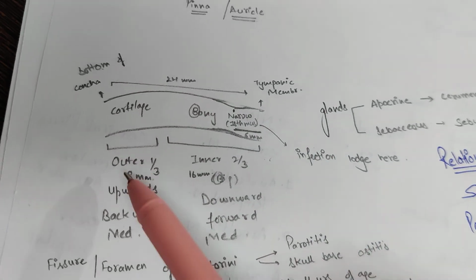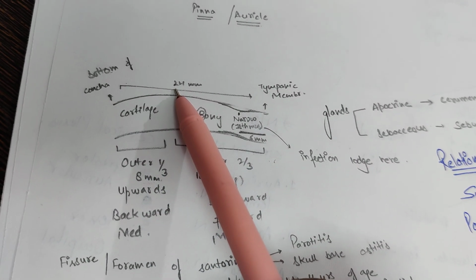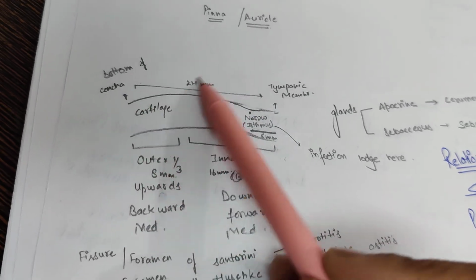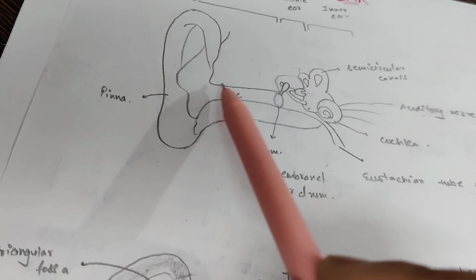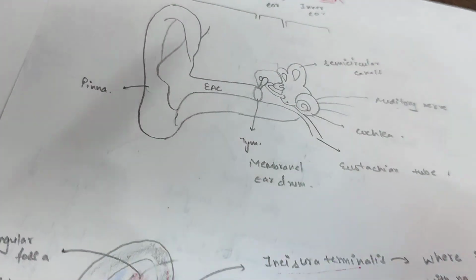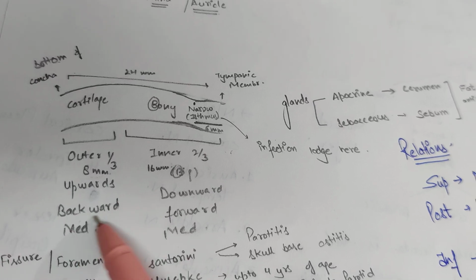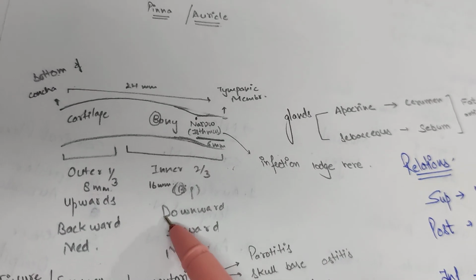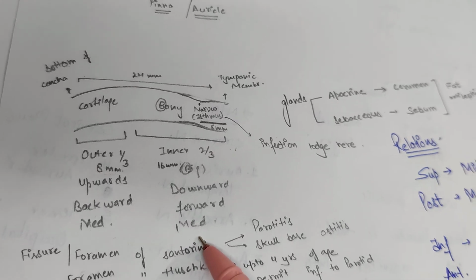So clearly learn, what is the direction of it? It is going upward, backward, and medially. Obviously from this diagram we can understand the external auditory canal travels in the medial direction. So upward, backward and medially, and this is downward, forward and again medially.